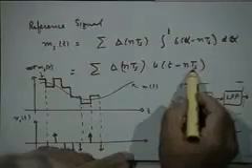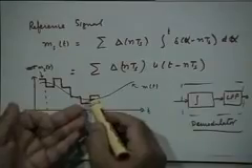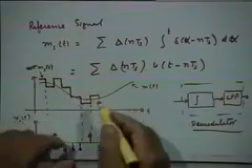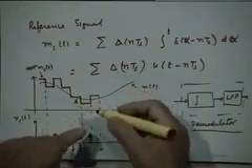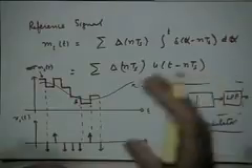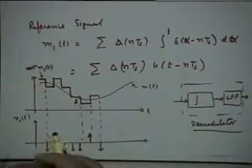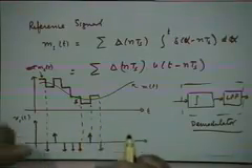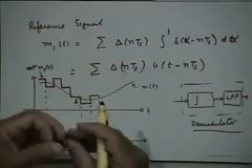Every Ts seconds, you are increasing or decreasing this staircase approximation by a step size. Let's call it s. So suppose your signal was only increasing at a certain rate. What is the maximum rate at which the staircase approximation can attempt to follow that rise?